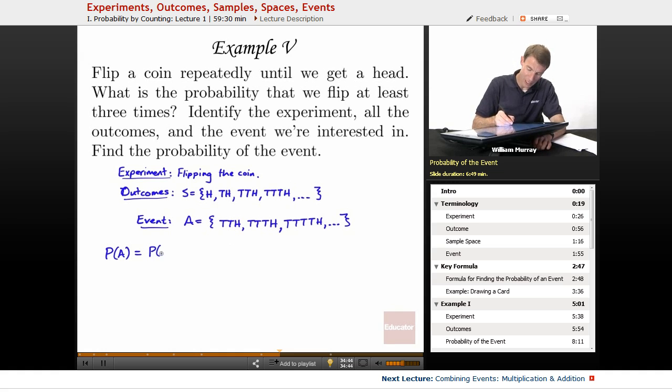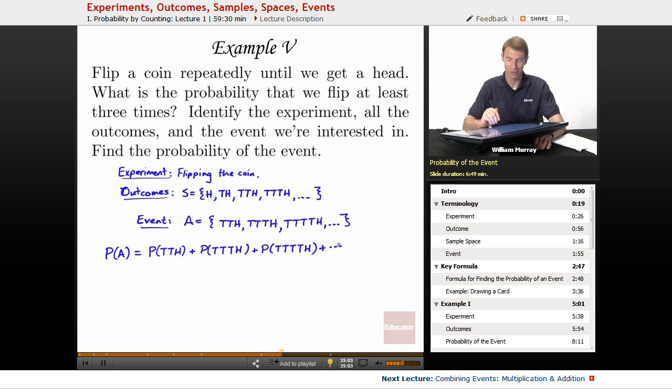So it's the probability of tail, tail, head, plus the probability of tail, tail, tail, head, plus the probability of 4 tails and then a head, and so on. And this is going to be an infinite sum. We're going to have to add all these up forever. So we'll have to do something clever at some point.